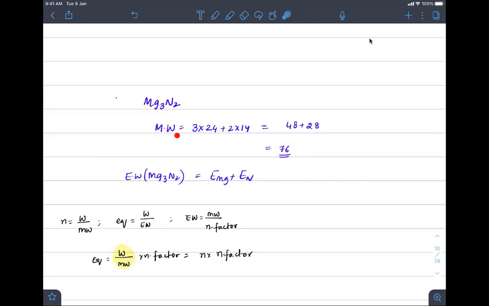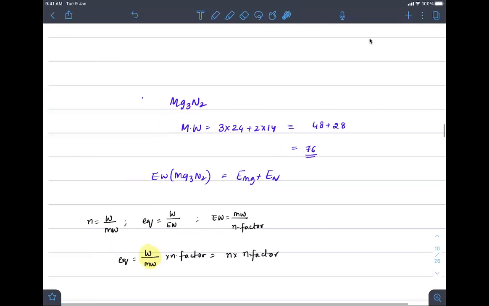This is the molecular mass of this molecule. We are multiplying these numbers with their atomic masses. But if I ask you the equivalent mass of Mg3N2, then you do not multiply any such numbers. Simply we write it as the equivalent mass of magnesium plus the equivalent mass of nitrogen. That's simple. Okay.